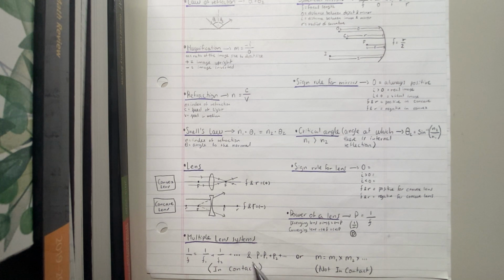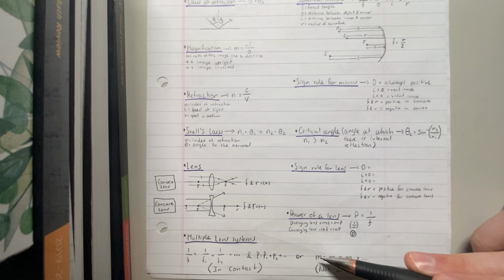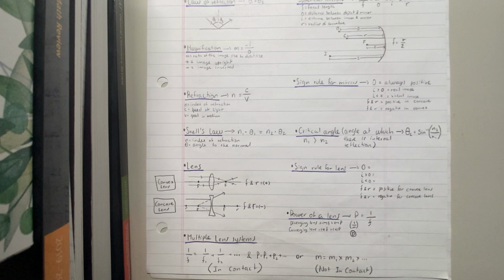The numbers 1, 2 and 3 stand for the lenses that are in contact with each other. If they're not in contact, then we can use the magnification of each lens, and you can find the final magnification by multiplying each of their magnifications together.